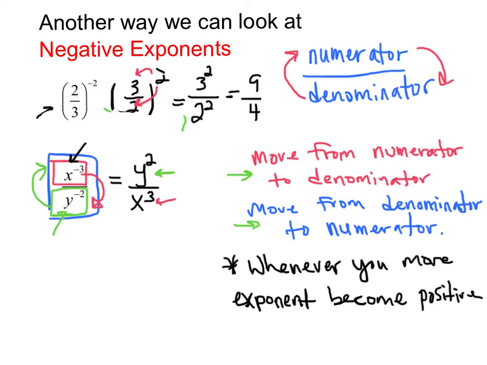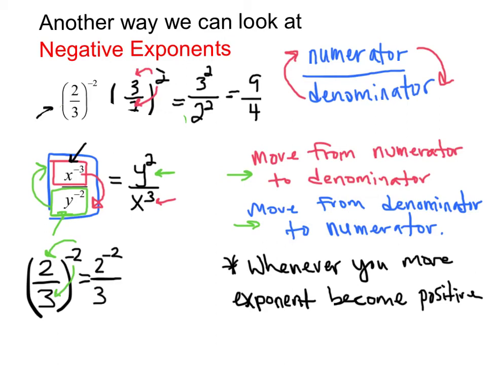Well, it moved to the top. So if we rewrite this example, 2 over 3 to the negative 2, remember what I said, we can distribute this power to each piece. And so this becomes 2 to the negative 2 power over 3 to the negative 2 power.